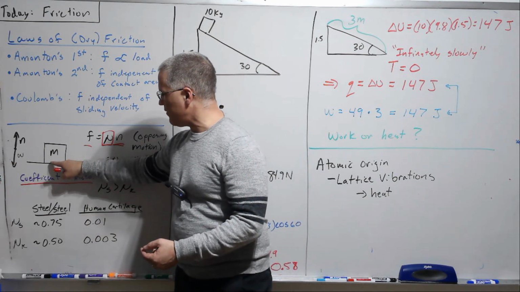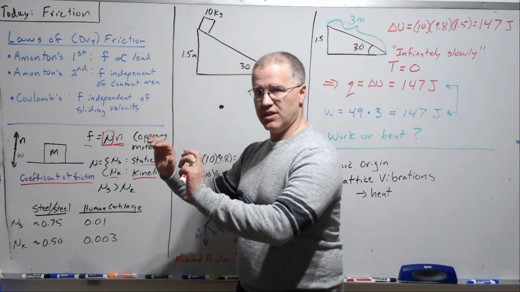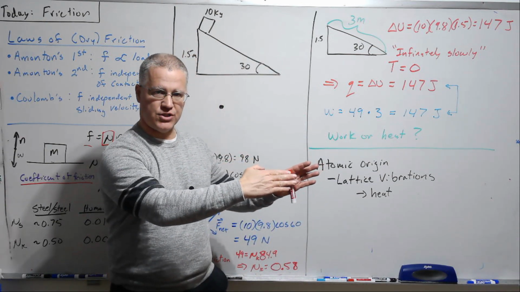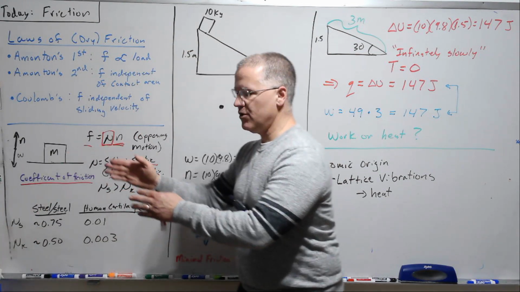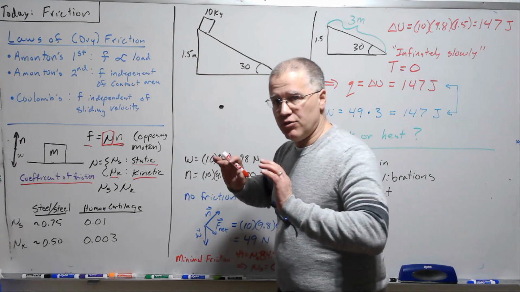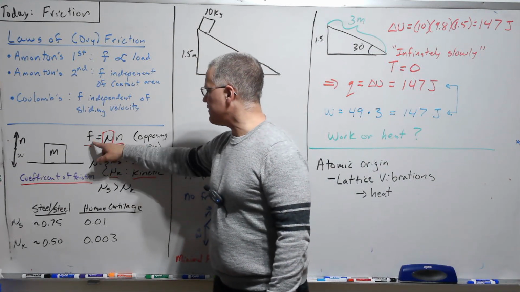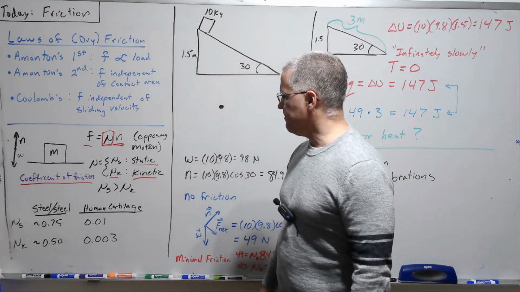And the origin of that would be the friction force opposing the motion. We want to move it this way. The frictional force then will push this way. And if we get on this side of the box and push it this way, then the frictional force will push this way. Now, if we push hard enough to get it moving, then the friction will be given to us by the kinetic coefficient of friction.